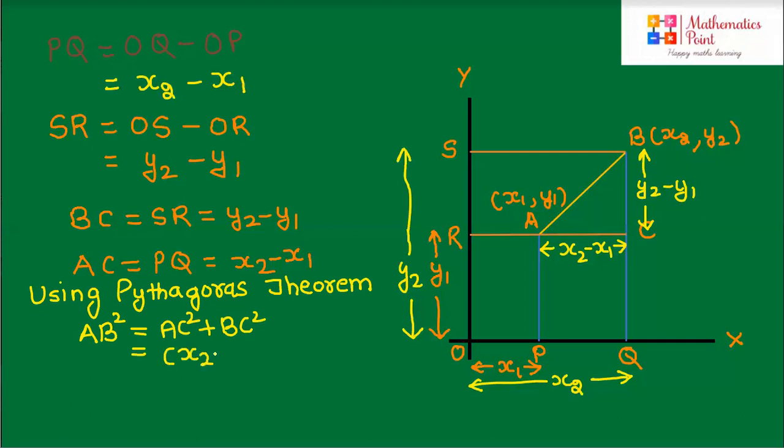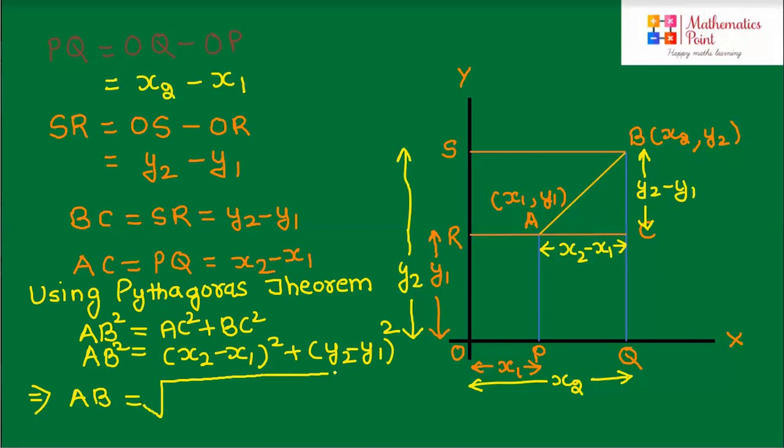AC is x2 minus x1 whole square. And what is BC? That is y2 minus y1 whole square. And that is equal to AB square. So from here, we can see that AB will be nothing but equal to the square root of x2 minus x1 whole square plus y2 minus y1 whole square.